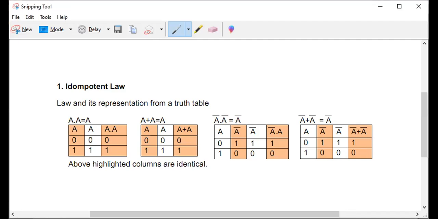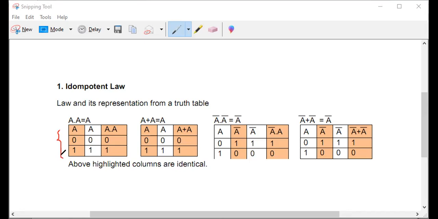Okay, under that, first one, idempotent law. Now in this law, you can see A dot A equals A, A plus A equals A, A dash dot A dash equals A dash, A dash plus A dash also equals A dash, right? So these are the laws. Those laws can be proved by the truth tables.